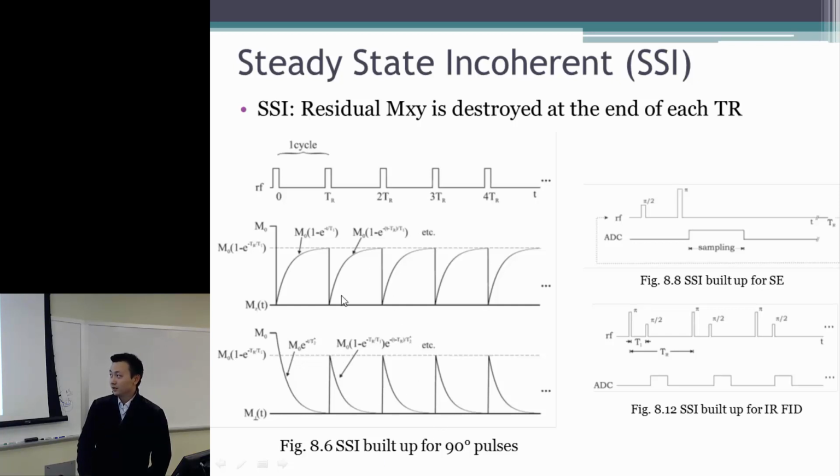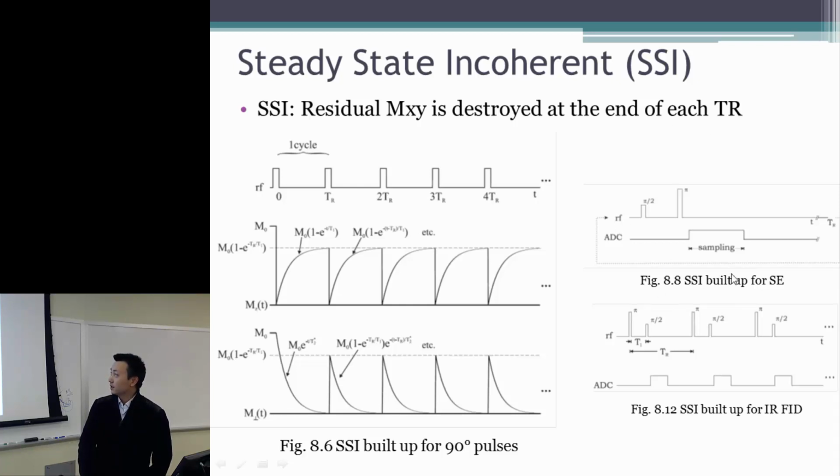This process would be similar with a smaller flip angle, but it would just take a longer time to reach this steady state. For any sequence or MR method, if we collect fast enough, it will reach a certain kind of steady state.